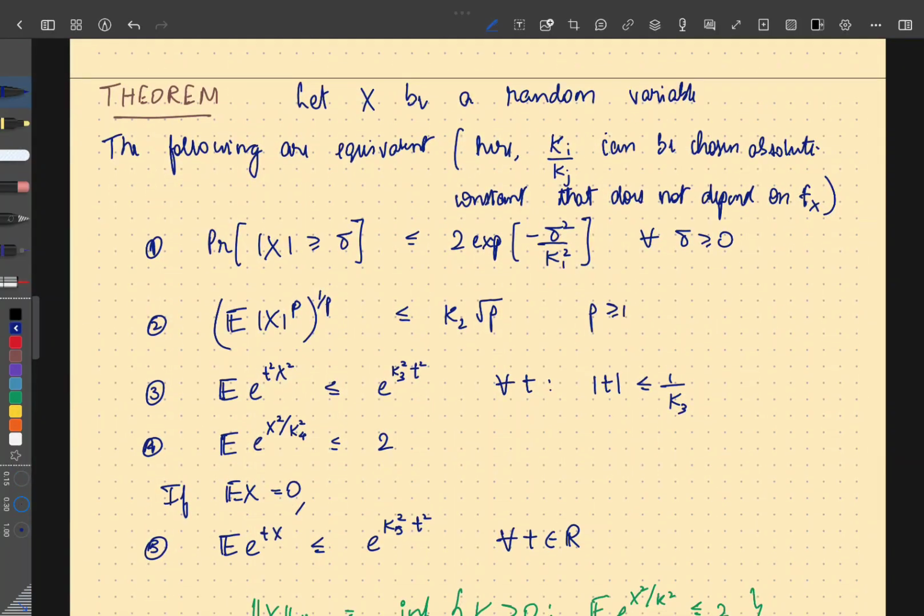If you look at this, let's take property 2 and take p equal to 2. If I take p equal to 2, the left hand side is just the square root of the variance, the standard deviation. The standard deviation is lower bounded by some universal constant times the subgaussian norm times the square root of p, which is root 2.